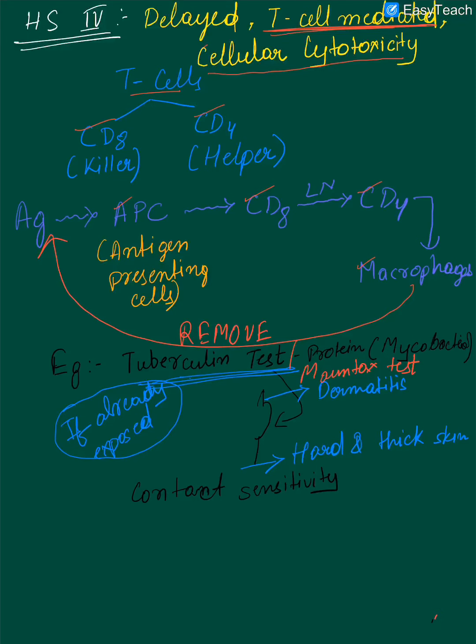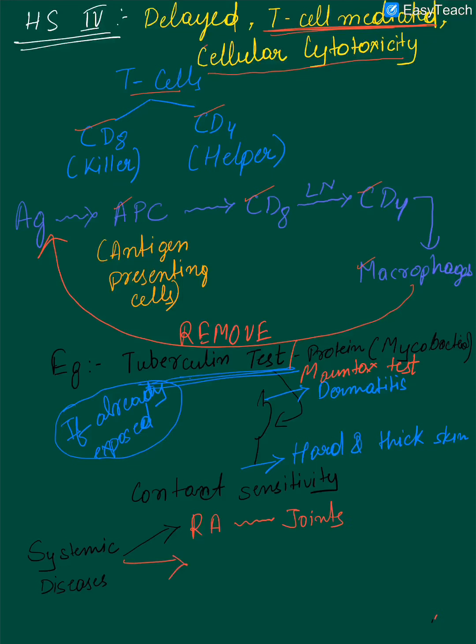But apart from the contact sensitivity and tuberculin test, there are some systemic diseases which also lead to hypersensitivity type 4. Systemic diseases like rheumatoid arthritis in the joints.